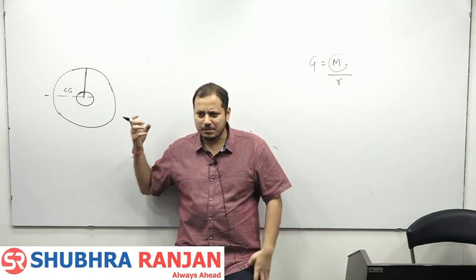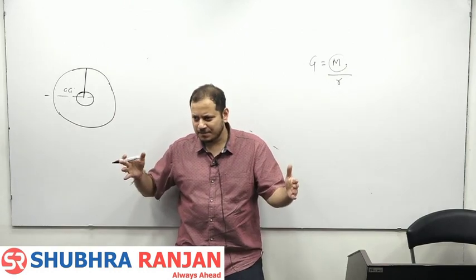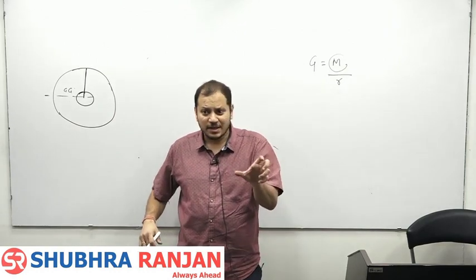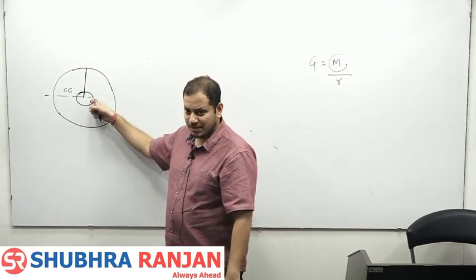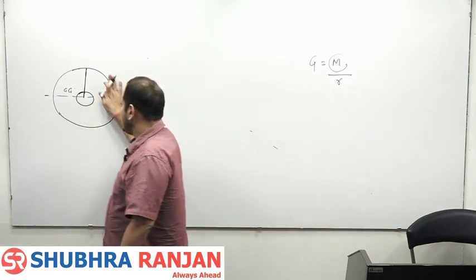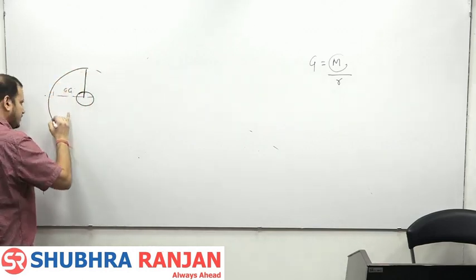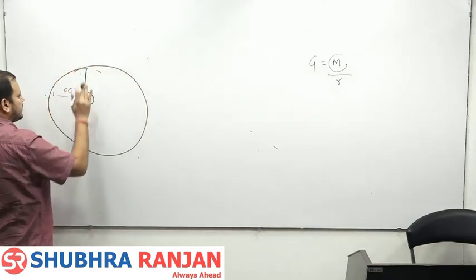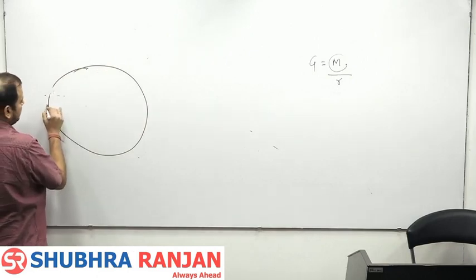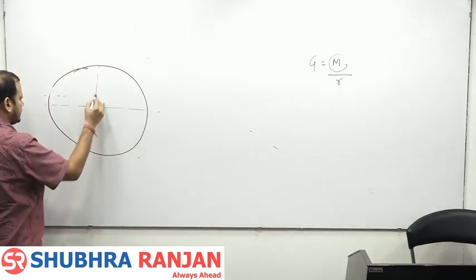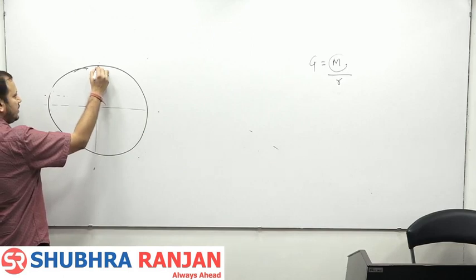It may be obviously pulling the center of gravity towards itself. So he calculated that if this is my ideal position of the center of gravity, due to the pull of Mount Everest, is it looking more like a center?